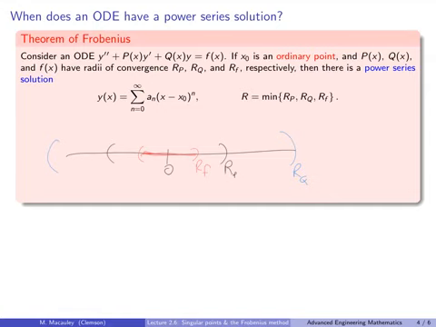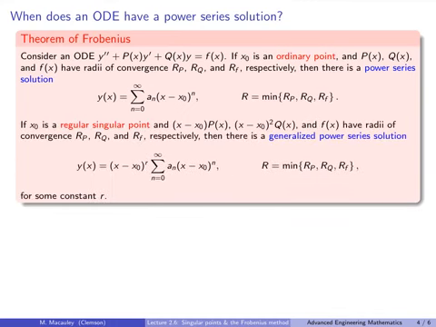If we have an ordinary point, there is a power series solution. And this is just a technical detail about the radii of convergence. Next, if x naught is a regular singular point, and these 3 functions are almost the same, instead of p, q, and f, it's x minus x naught times p, x minus x naught squared times q, and f have the same 3 radii of convergence, call them rp, rq, and rf, then there is a generalized power series solution of this ODE.